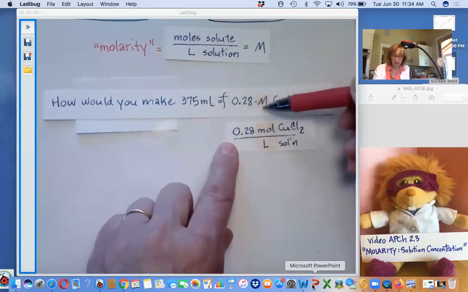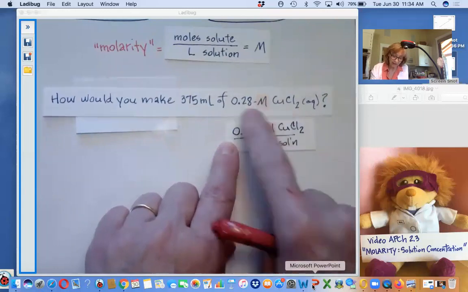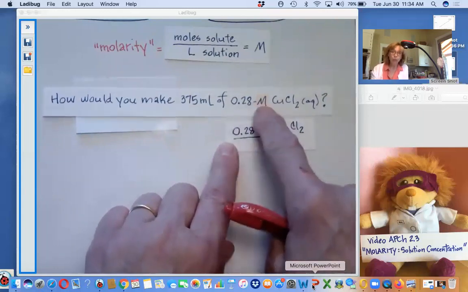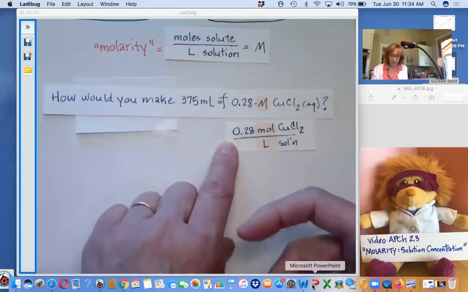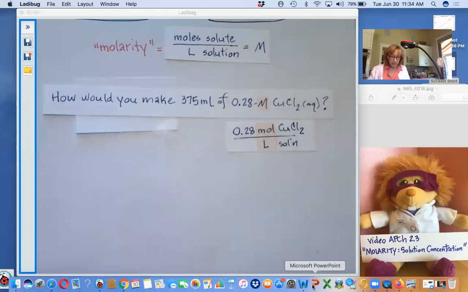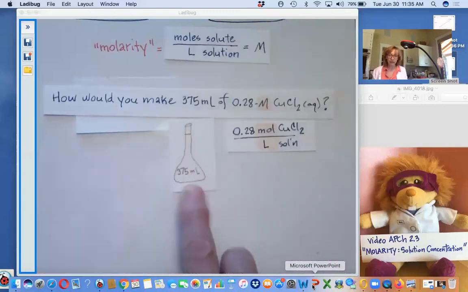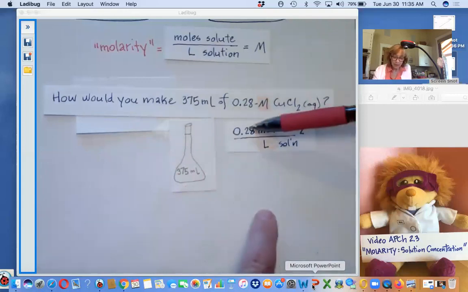That's what the capital M stands for. And I really don't want to see you writing this capital M within the problem as part of your calculation. I want to see it broken out.